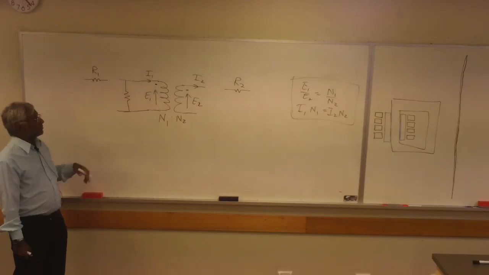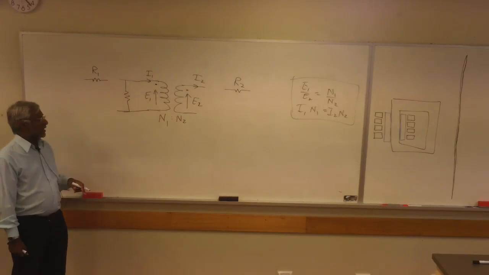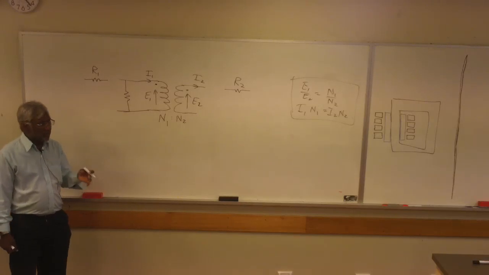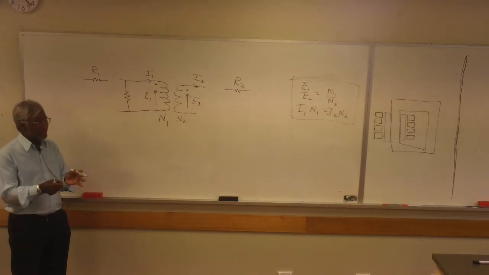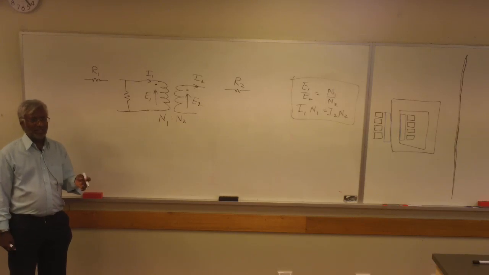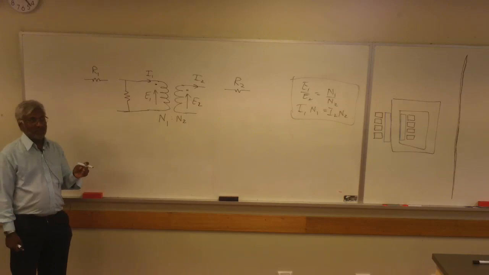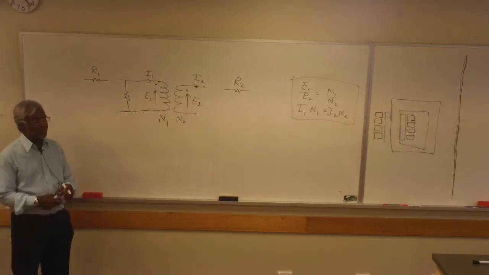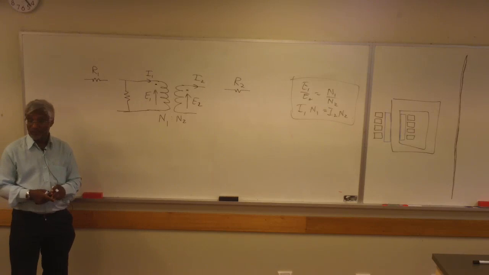But in general, the two losses there are eddy current loss, that we reduce by laminating the core, and hysteresis loss. And you reduce hysteresis loss by using the right steel. For transformer steel, you would use a particular grade of silicon steel.